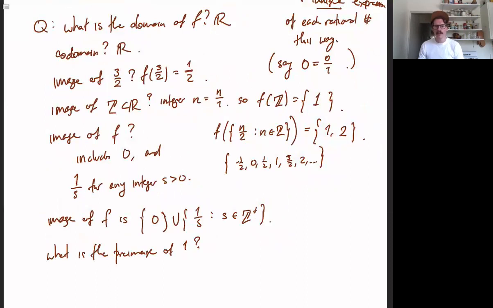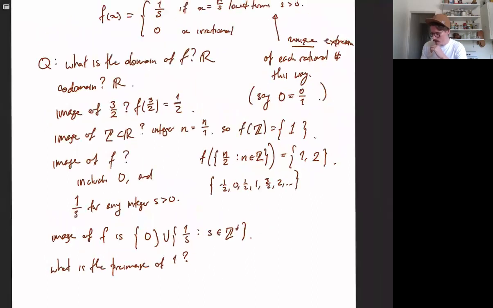So remember, every element has exactly one image. But preimages, you can have none, or 1, or many. So if we're talking about the preimage of a point, we usually mean that as a set, because it could have more than one element, or it could also be empty.